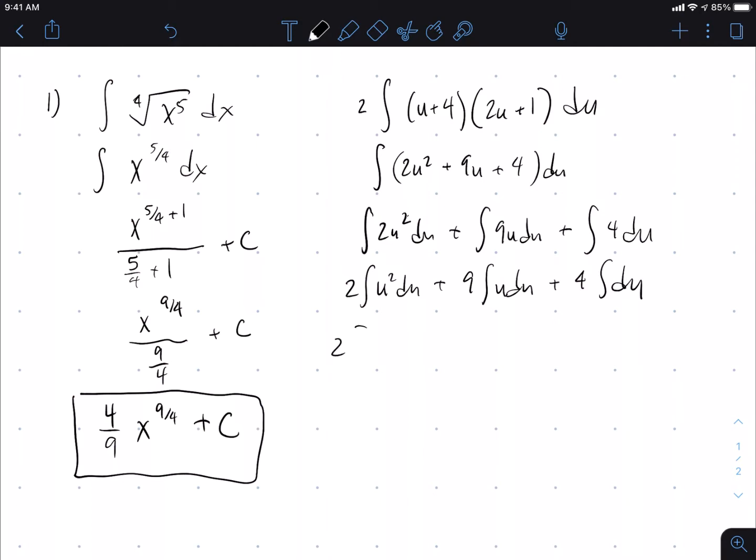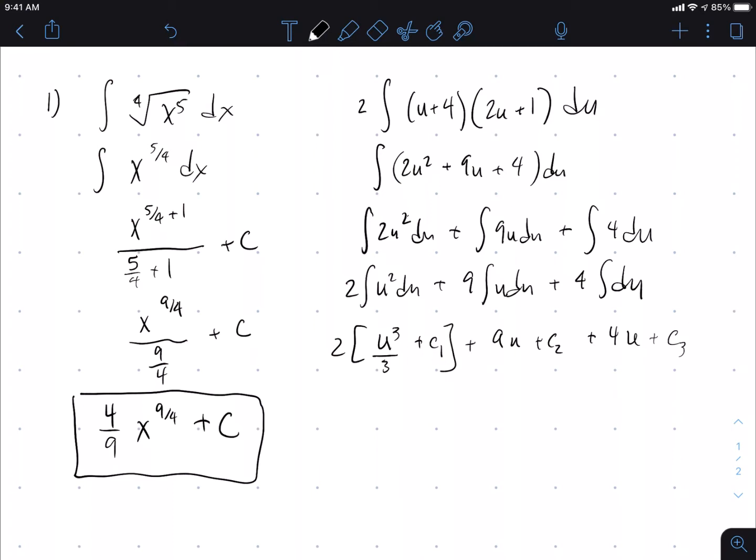So then I'm going to get 2 times, and now my integral is going to be u to the third over 3. Correct? Plus some constant 1. Okay? Plus 9u plus some constant. I'm going to give it a different subscript. Plus 4u plus some new constant. Correct?